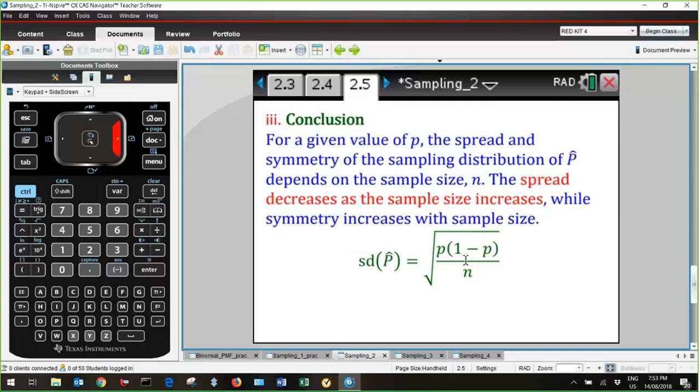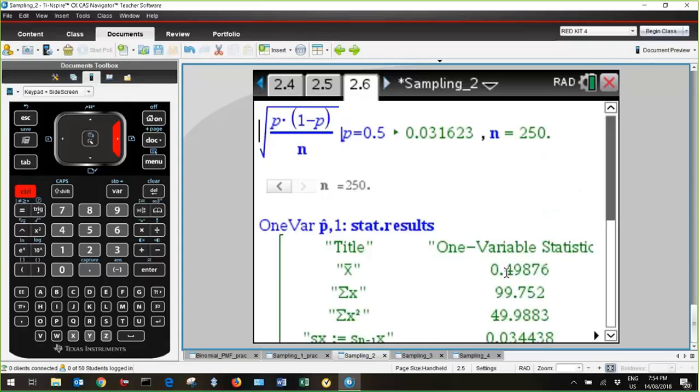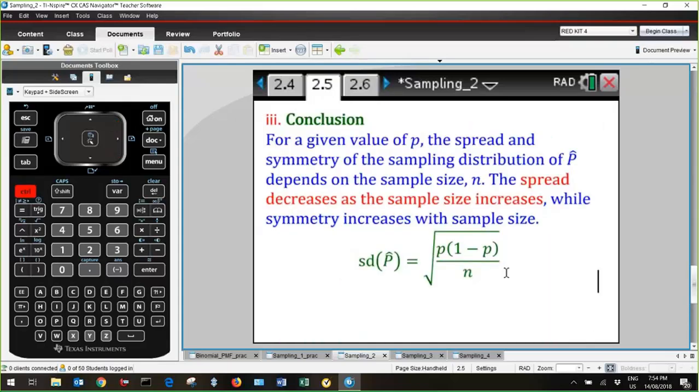As n approaches infinity, the standard deviation will approach 0. Okay, and so we see that the spread decreases as the sample size increases, and the symmetry also increases with sample size.